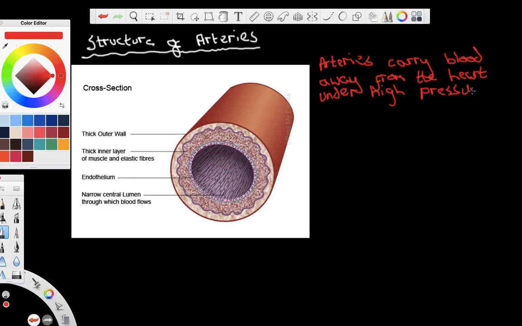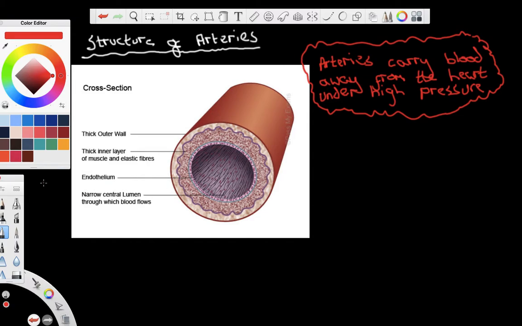Okay? So the arteries carry blood away from the heart under high pressure. That's in red because it's important, and it's so important I'm going to put a speech bubble around it. You need to know that because then you need to know that the adaptations allow it to do this.